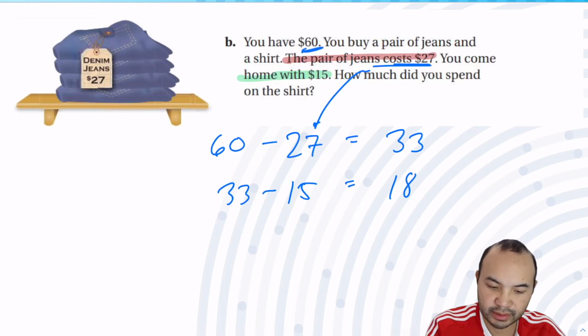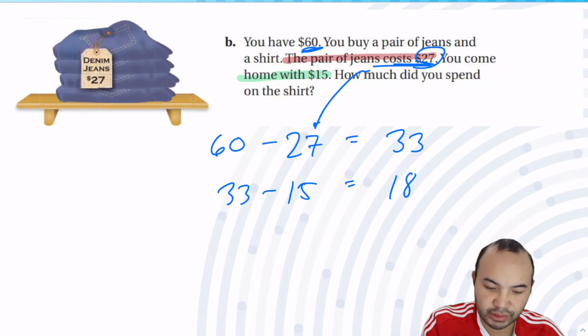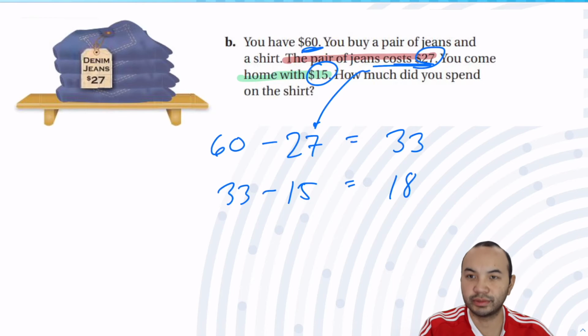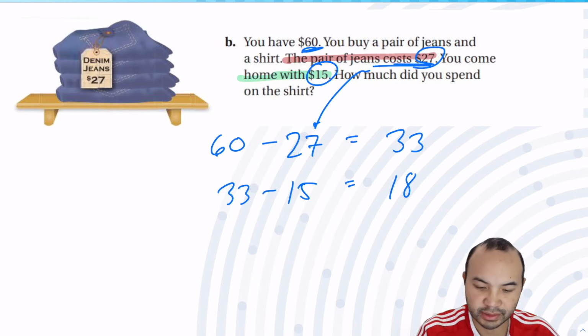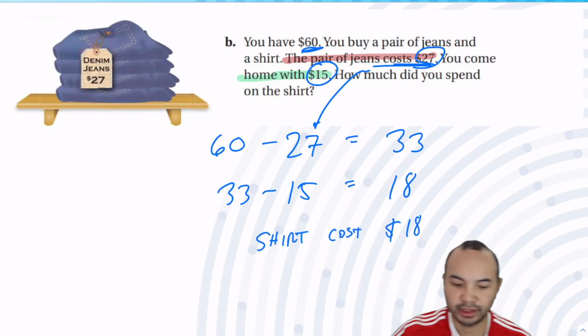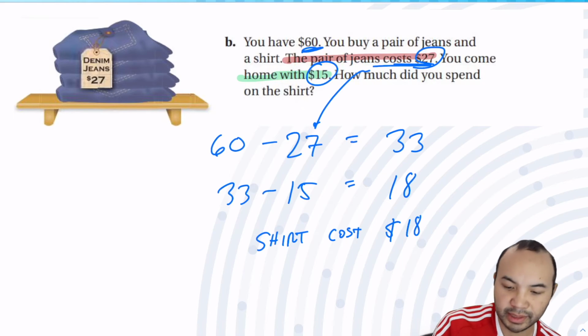You have $60. You spent $27 on the jeans. You still had $15 left, so what's left over after you subtract all of those is $18 for the shirt.